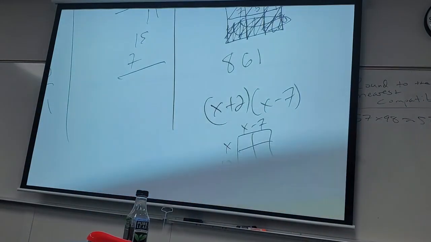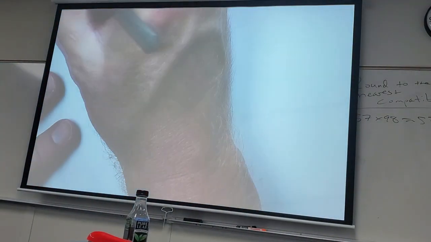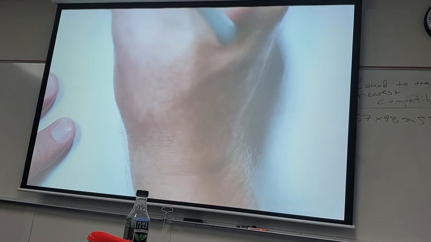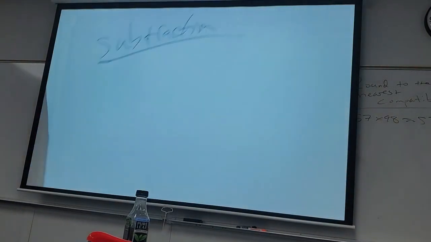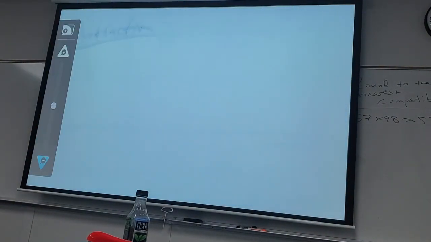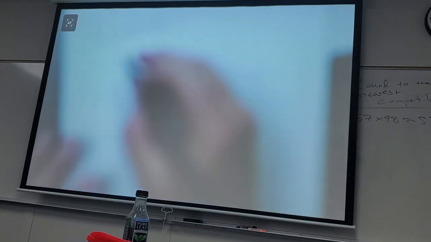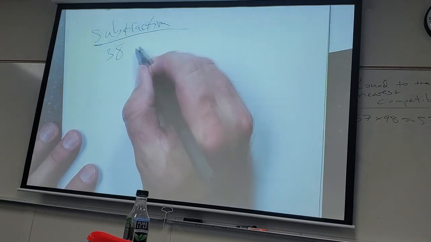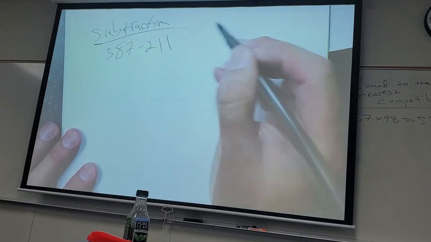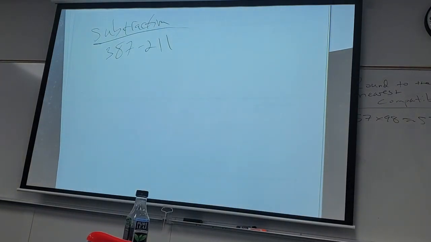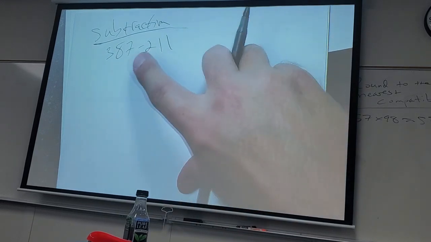So in a minute, we're going to get to the lattice method for multiplication. So incredibly enough, we're going to talk about subtraction now. Hold on, I really zoomed in. So if I had, for example, 387 minus 211, and I want to do this with the longs and flats and units, you're not going to represent each of these individually.